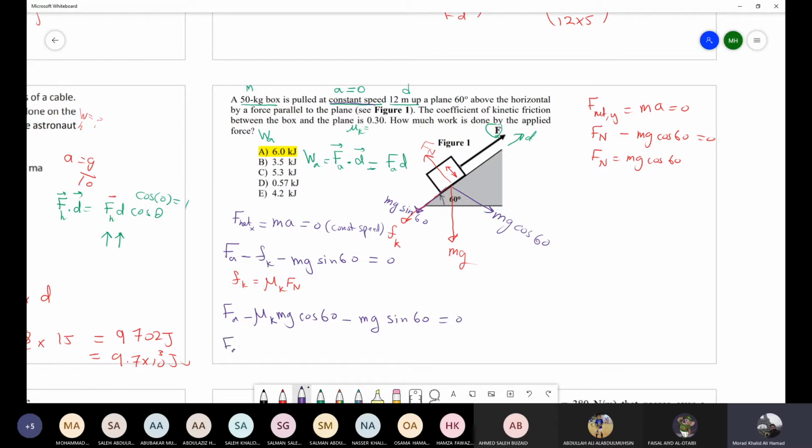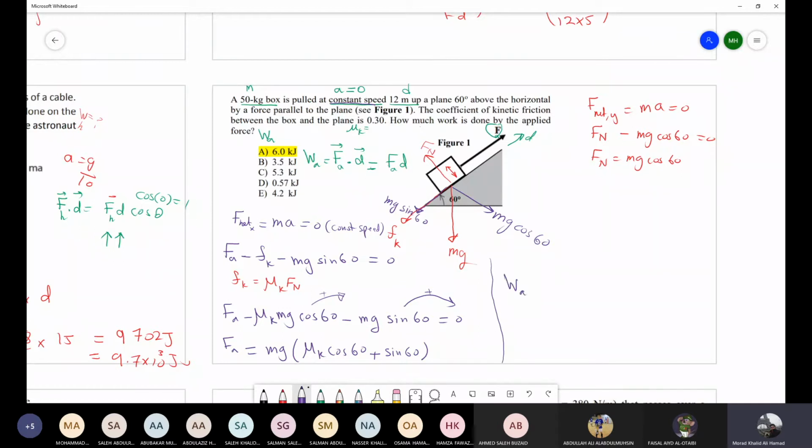So Fa equals, move everything to the other side. Taking mg as a common factor, I will end up with mg times mu k cosine 60 plus sine 60. Why plus, not minus? Because I moved the terms to the other side, so they became plus. Okay guys? Clear. Let me continue here.